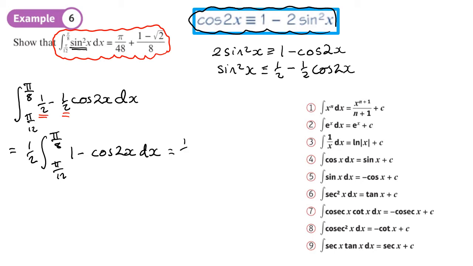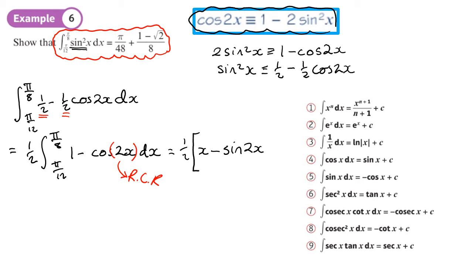So what will happen is the 1 will become x, and the cos 2x, now we need to use the reverse chain rule to do this. So you integrate the outside, so cos becomes sine, the inside of the bracket doesn't change, that's the 2x, and you divide by the inside differentiated, so we divide by 2.